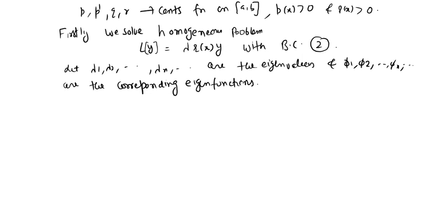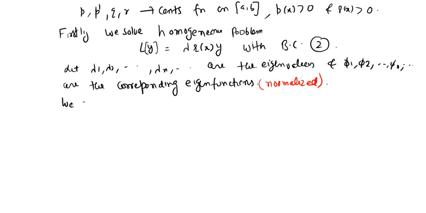And of course we will normalize those eigenfunctions, so you can say these are eigenfunctions and they are normalized. So the inner product of phi n with phi n will be 1.